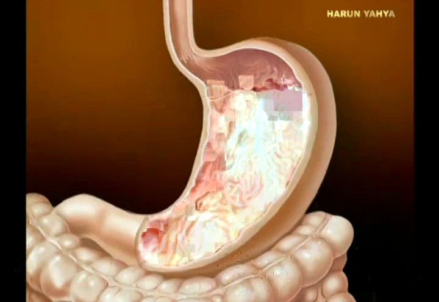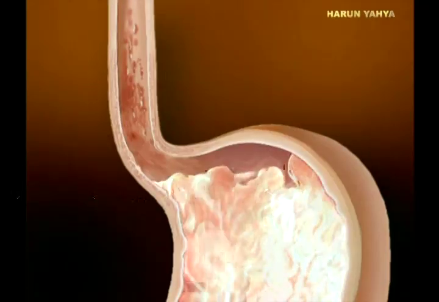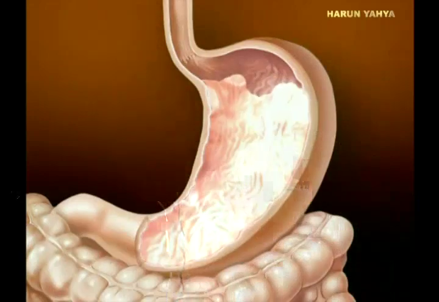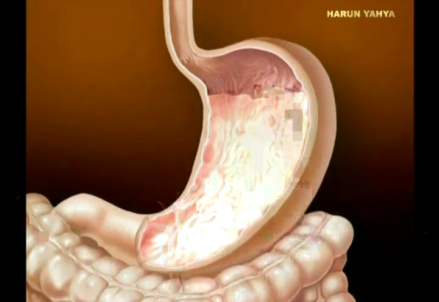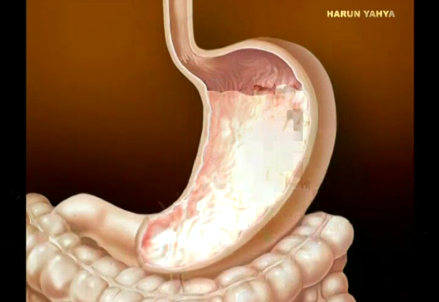A valve at the end of the esophagus prevents the acid from flowing back into the esophagus. Were it not for that valve, or if it did not work properly, acid would leak into the esophagus and tear it apart. Diseases such as gastritis, and serious damage can be inflicted on the lining of the stomach.